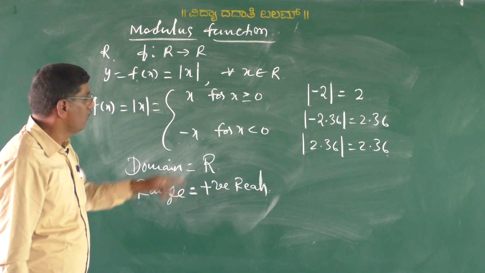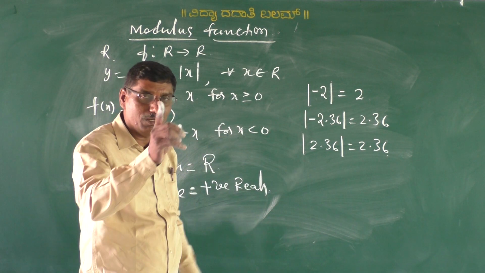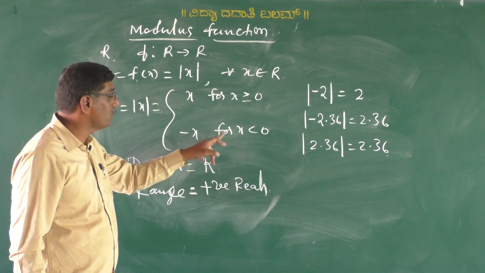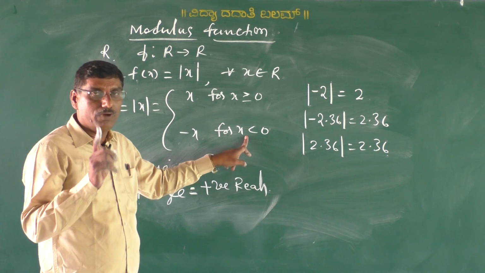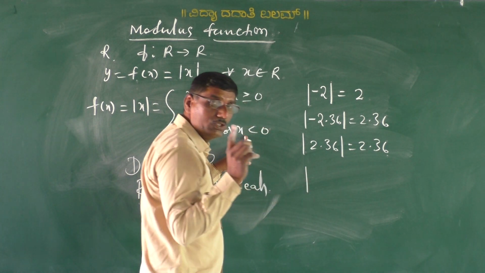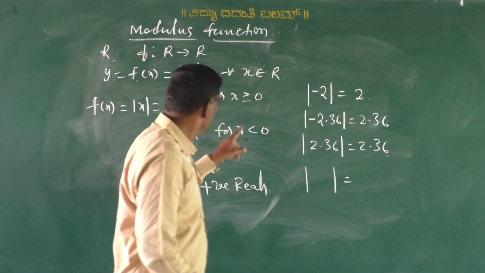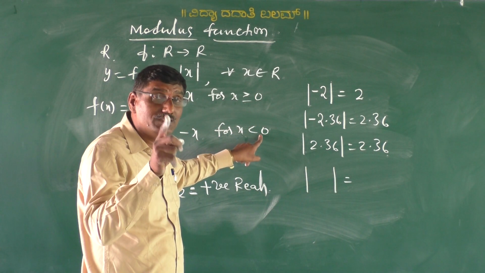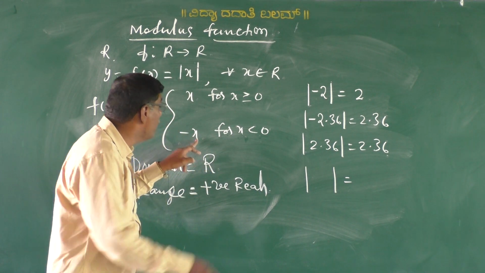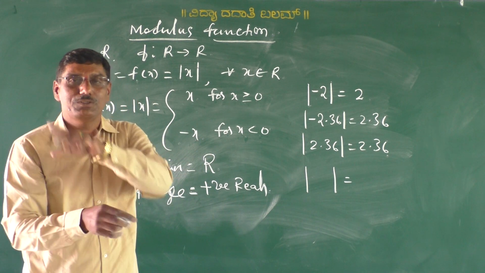Sir, how? For negative reals, this can be expressed as, for example, mod x is equal to minus x for x less than 0. For x less than 0, minus sign. If I consider minus 2, that is the minus of minus 2, we get plus 2.